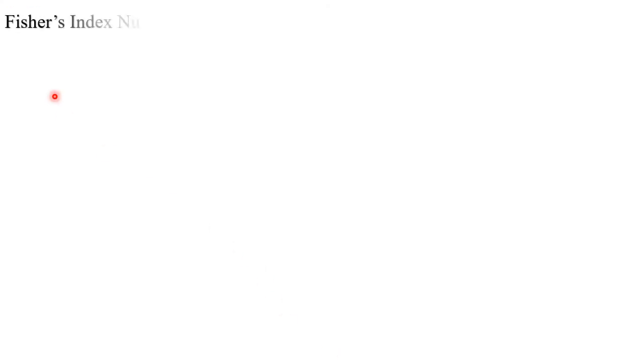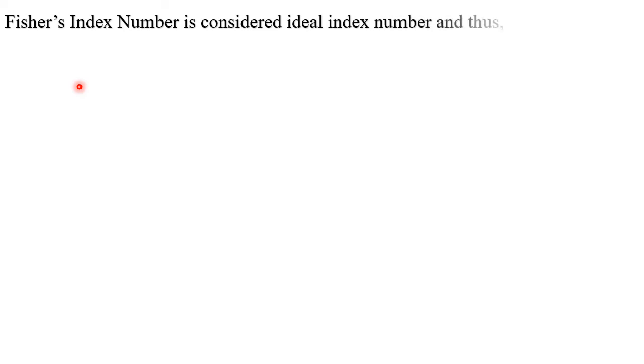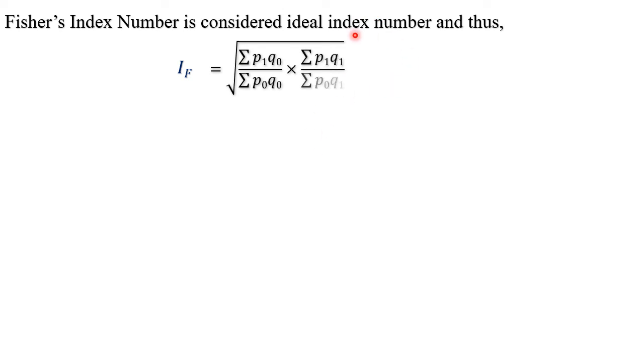So Fisher's index number is considered an ideal index number, and because we don't need IL and IP, we are going to directly use this formula for calculating Fisher's index number. This is the direct formula: P1Q0 upon P0Q0 multiplied by P1Q1 upon P0Q1, into 100.